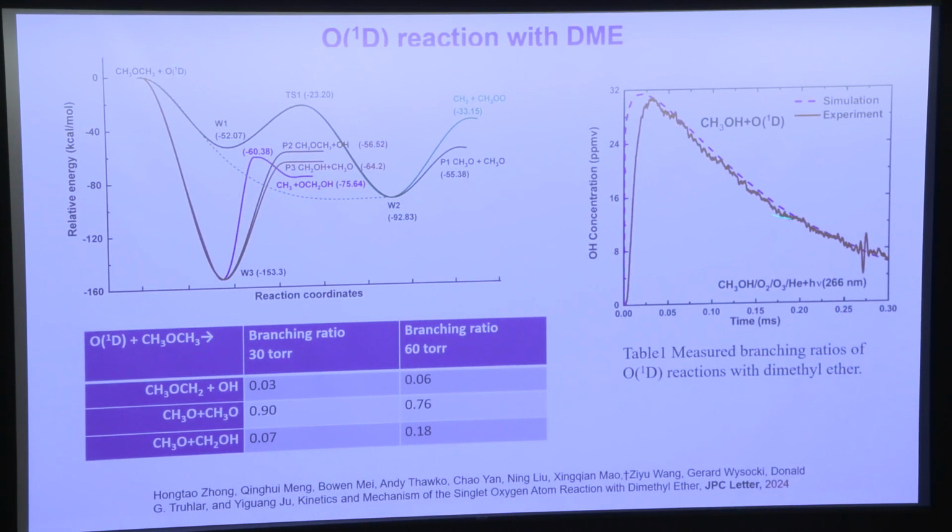And we did the experiment and measured the OH formation and HO2 formation. We found that methoxy is 90% at 30 torr, 76% at 60 torr, and so on. This gives you a lot of opportunity. You can do something that people are not doing. I bet this reaction rate will be captured in the NIST database very soon, and people will share it with the community.